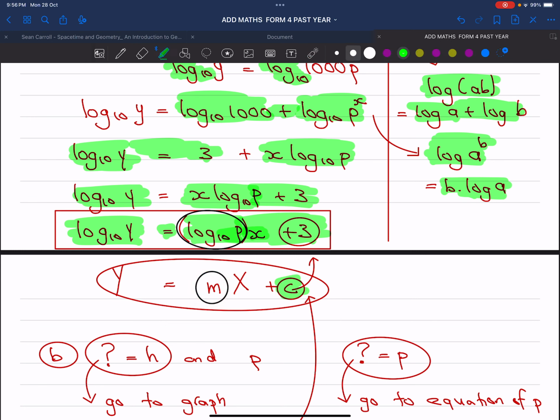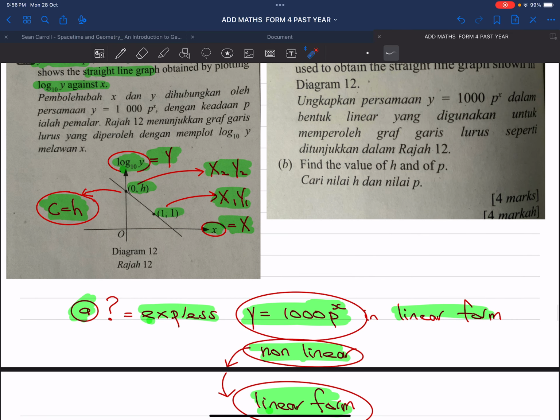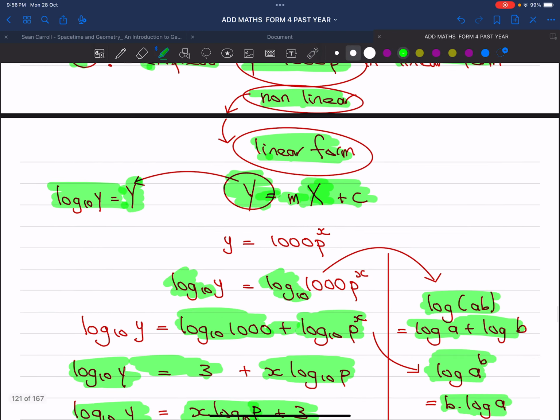Now we look at the second part. Question says, find the value of h and p. Part B, find value of h and p. I do one by one. Part B, find h. Now if I go to the graph, earlier part, the h is c.